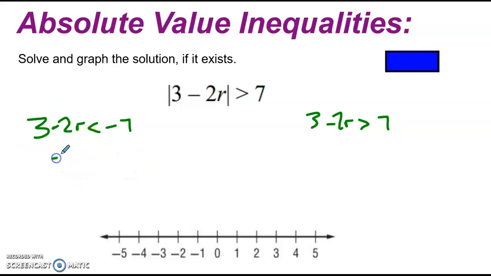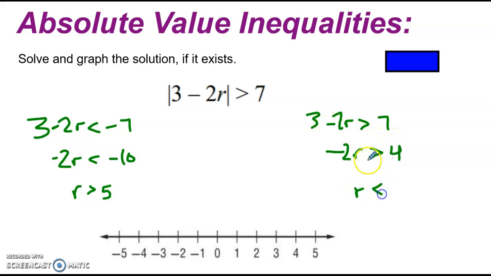We get negative 2r is less than negative 10, and then r is greater than 5. Over here, I'm going to subtract 3, so we get negative 2r again. Negative 2r is greater than, well, 3 from 7 is 4, and then we get r is less than negative 2.